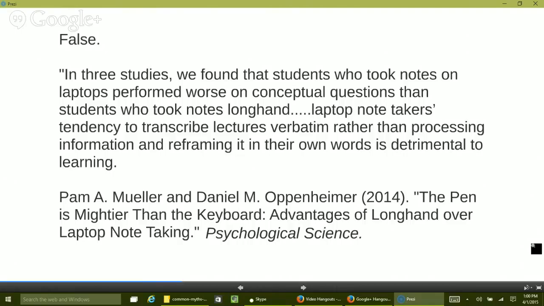Those who took handwritten notes on average wrote less, but they performed significantly better. Now, there may be ways around that if you could train students to be more efficient at taking notes with laptops, but in general, they tend to do a bit less well.